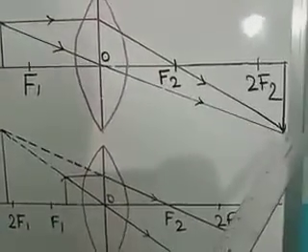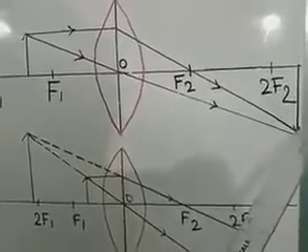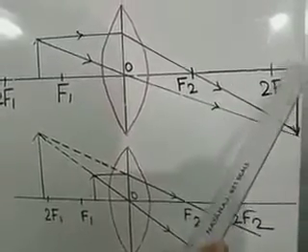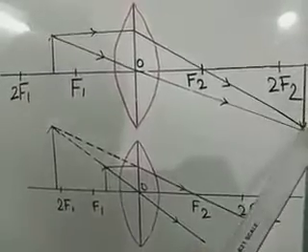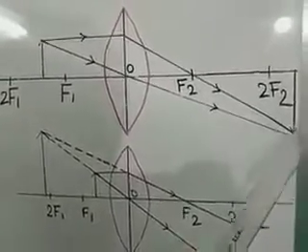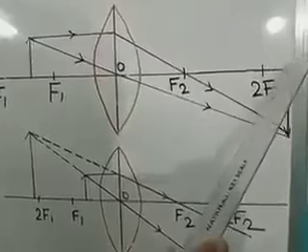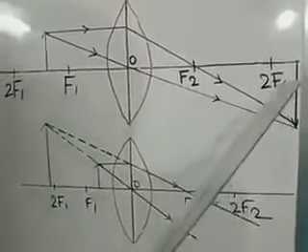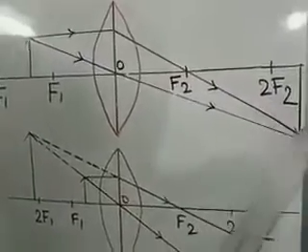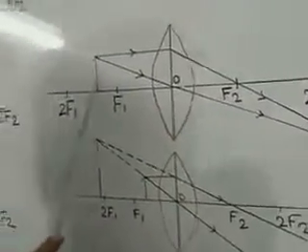Where both the rays meet, we will draw a perpendicular. They will meet beyond 2f. So the image will form beyond 2f. And as you know, if you cross 2f, then the image will be magnified compared to the object. So the size of the image will be more than the size of the object.